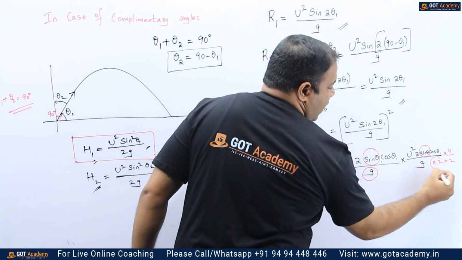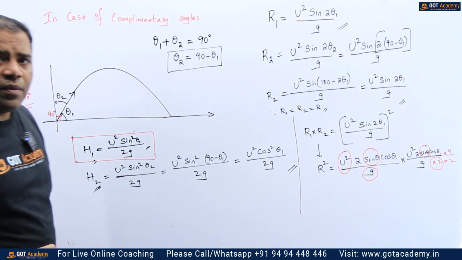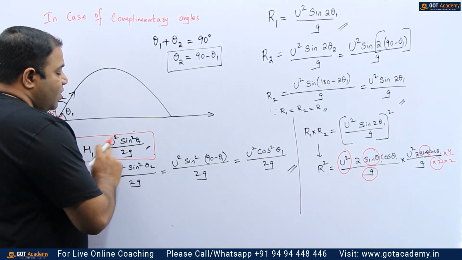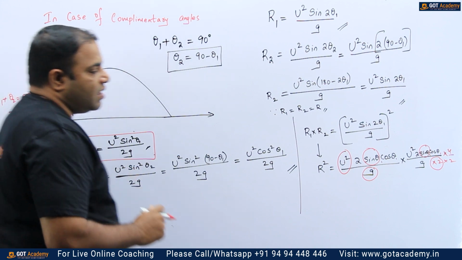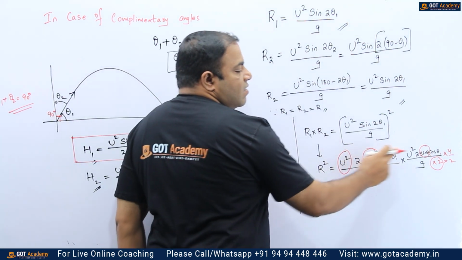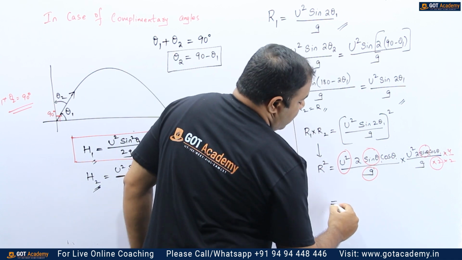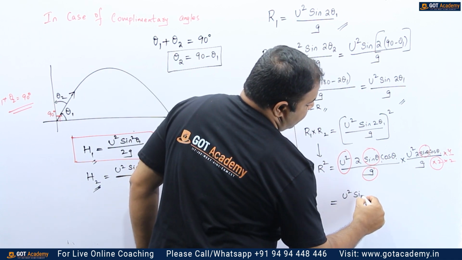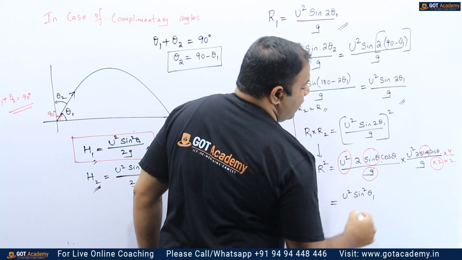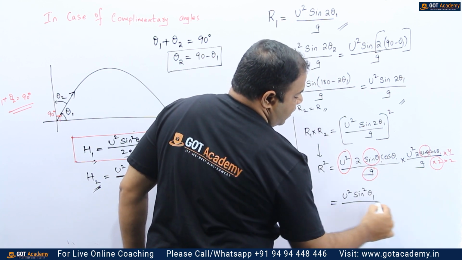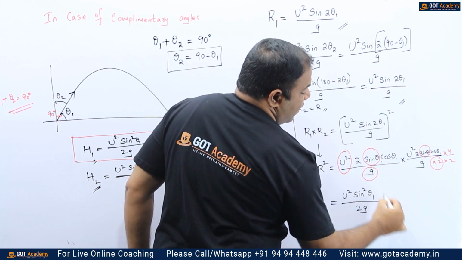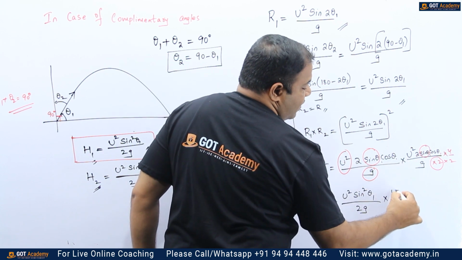So I am taking this 2 here. Observe carefully, my dear children. So h1 is equal to u square sine square theta by 2g. u square sine into sine square theta. I'll write once again for you. So u square sine square theta, and this 2 into g, that is 2g. Like this I am going to get. And remaining part, here one more u square is there.